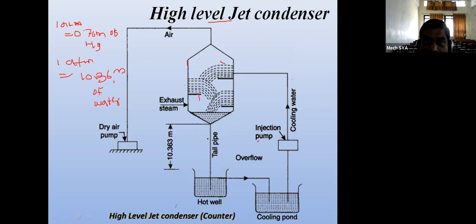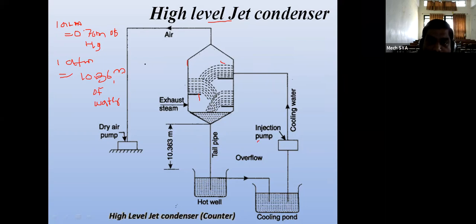The difference between the low level jet condenser and the high level jet condenser is that, due to the much longer tailpipe, a condensate extraction pump is not needed here. But in the low level one, the condensate extraction pump is needed, and the injection cooling water pump is not required. Here the cooling water pump is required because the height is much more. Other things remain the same.